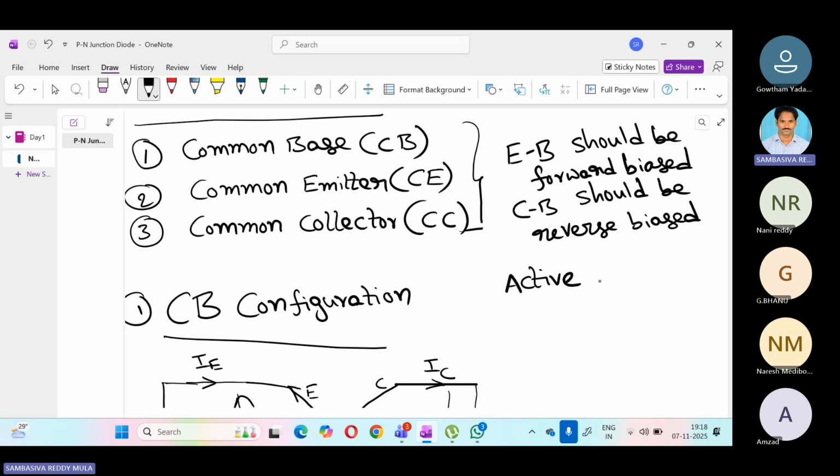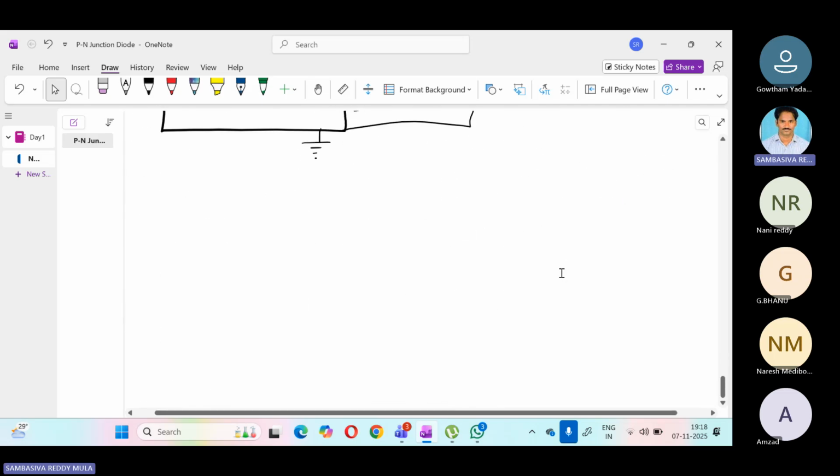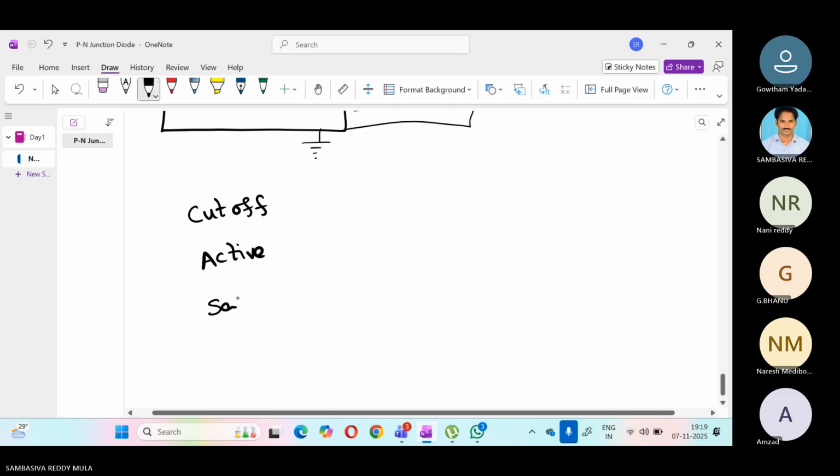There are 3 regions: cutoff, active, and saturation region.